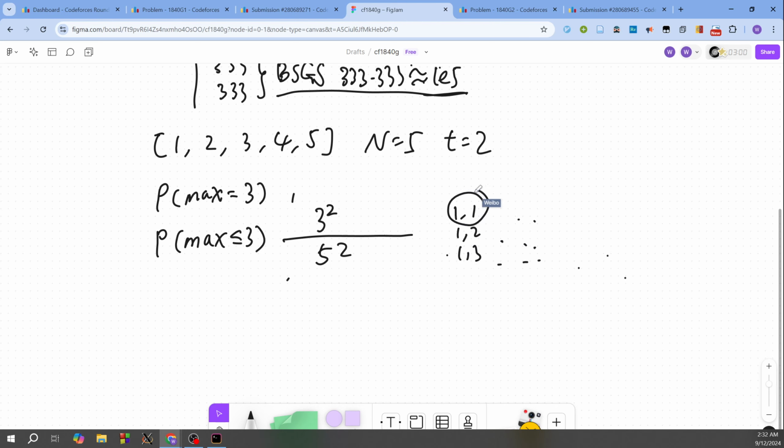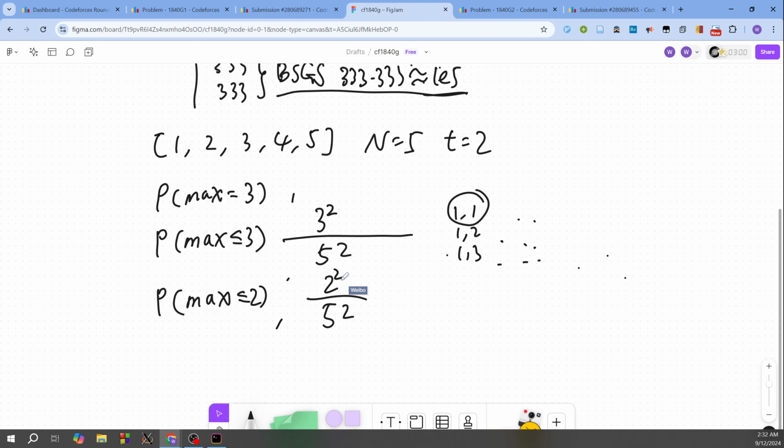Notice that we're not guaranteed to have an exact maximum value there, but we have all the values less than or equal to that. Same reason, what is the probability of max less than or equal to 2? We have 2 squared over 5 squared.